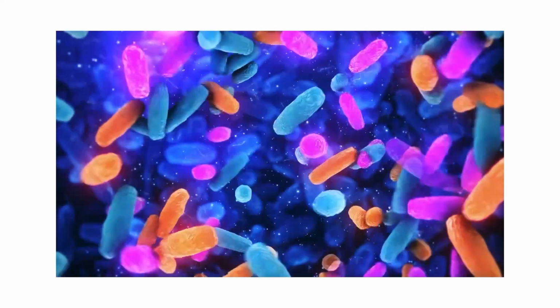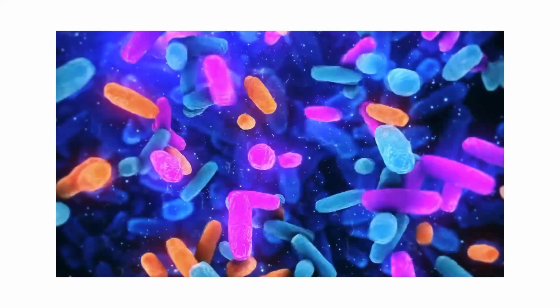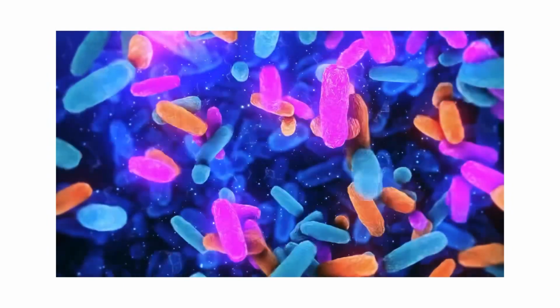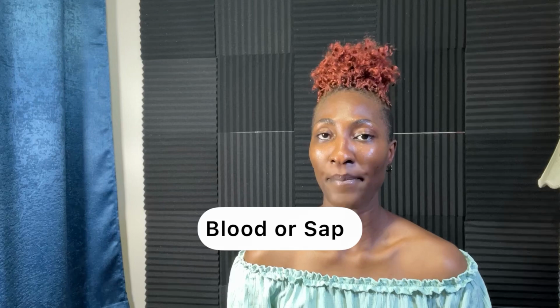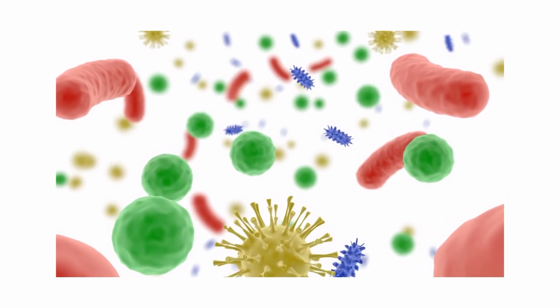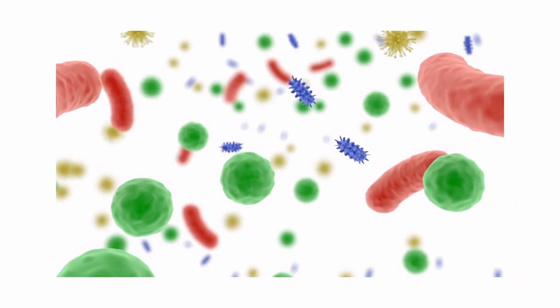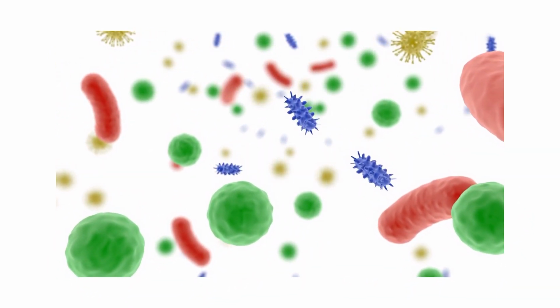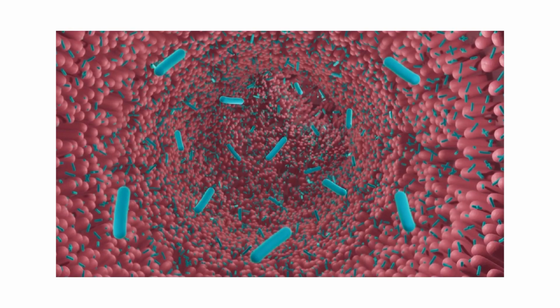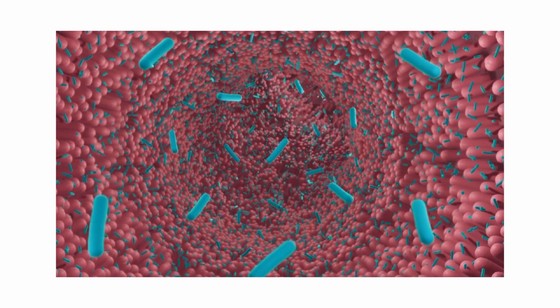A healthy gut plays a significant role in maintaining balanced hormones because it synthesizes and regulates hormones and neurotransmitters transported in tissue fluids such as blood or sap. As a result, it stimulates specific cells or tissues into action, leading to optimal health for women with balanced hormones or the onset of health issues for women with hormonal imbalance.